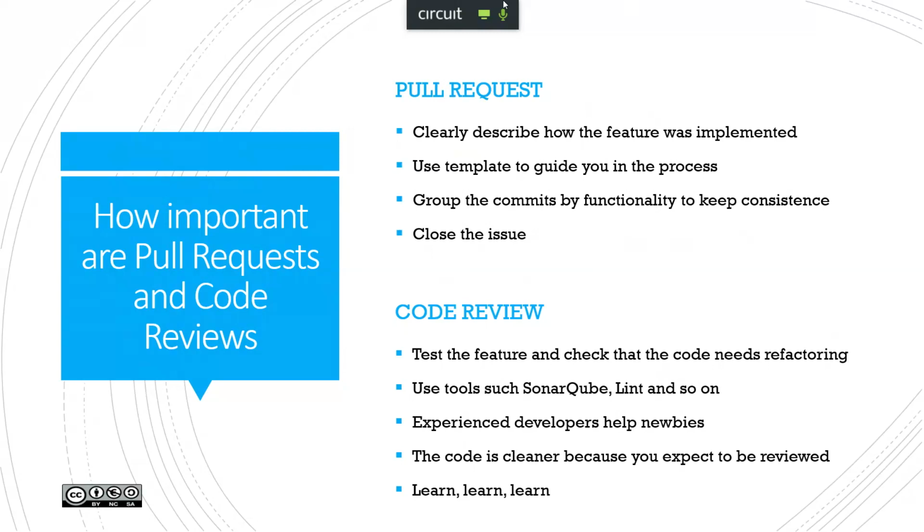No. This is important, because if someone is joining the project, you can have a look at all the pull requests, and you have an idea of what the history of the Git repository is, which is important, and the logging can also extract important things from these pull request templates.